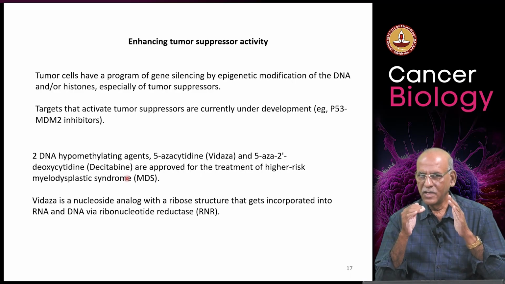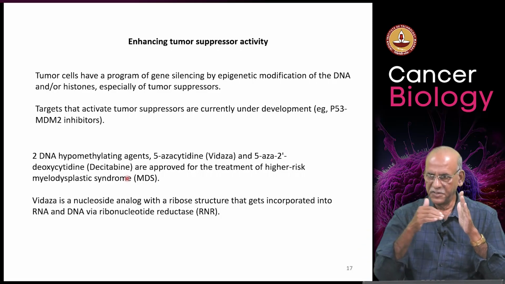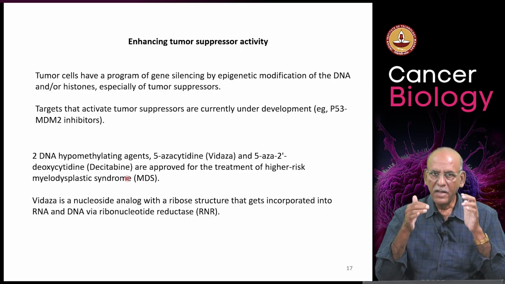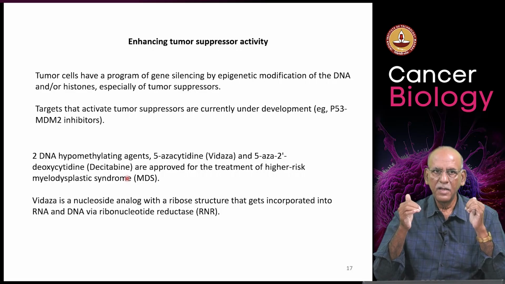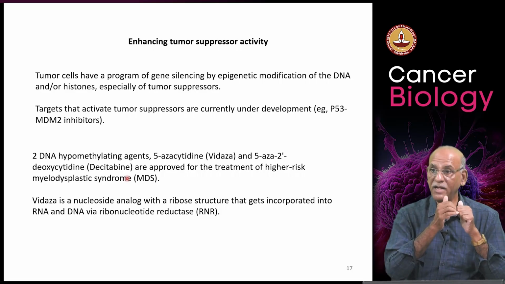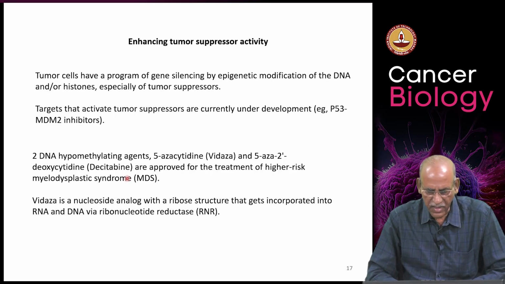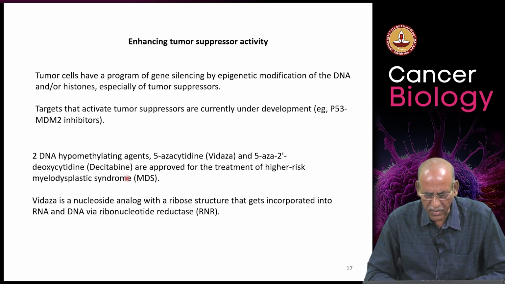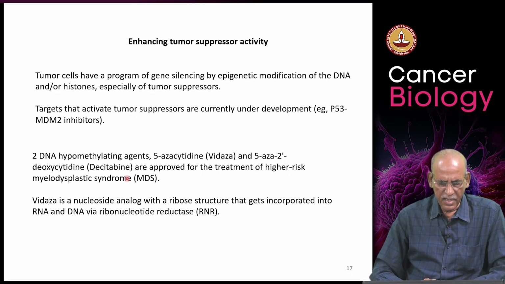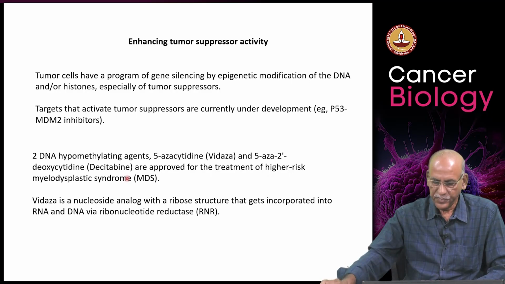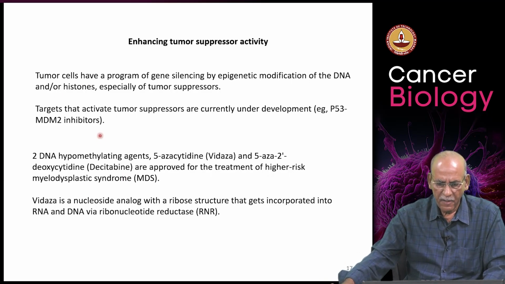So, it will help to degrade p53. You prevent that degradation by preventing the p53 and MDM2 interaction. That is done by another agent, which is called nutlin 3, whether it's shown here or not, I don't know, but there are other agents. So, that is one important thing.